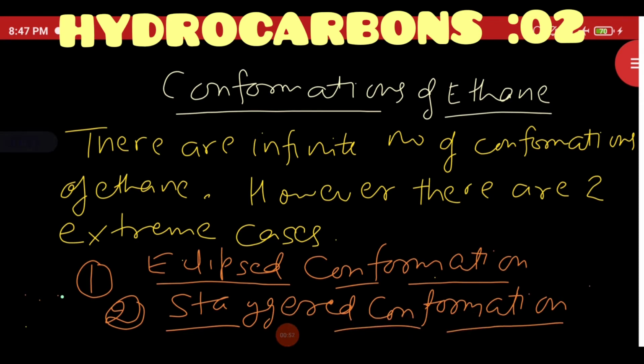Conformations of ethane. There are an infinite number of conformations of ethane. However, there are two extreme cases which we are going to discuss in this video. Number one, eclipsed conformation, and second is staggered conformation.